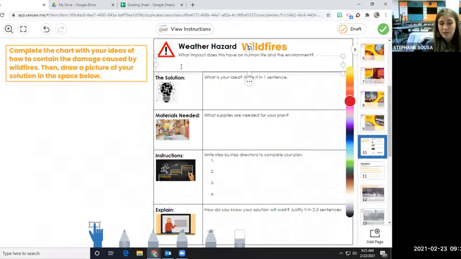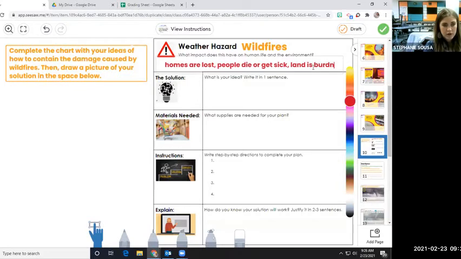So we're going to add them in here. What impact does this have on human life and the environment? Homes are lost. And we're just going to list the things that we found from our highlighting, okay? People die or get sick.